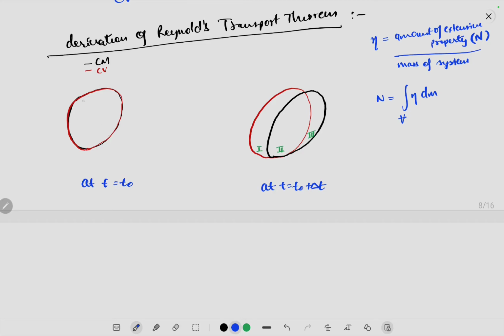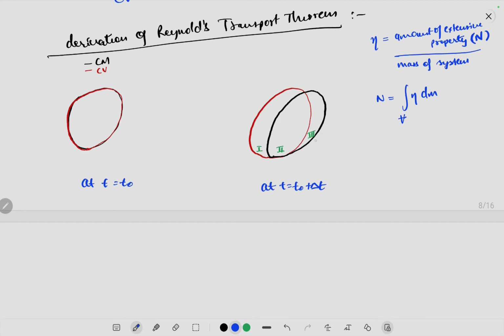So let's say this is how the control mass and the control volume look at time t equal to t naught. Now at t equal to t naught plus delta t, so in time delta t, let's say the control mass shifts a bit. It deforms a bit in time delta t and looks something like this.